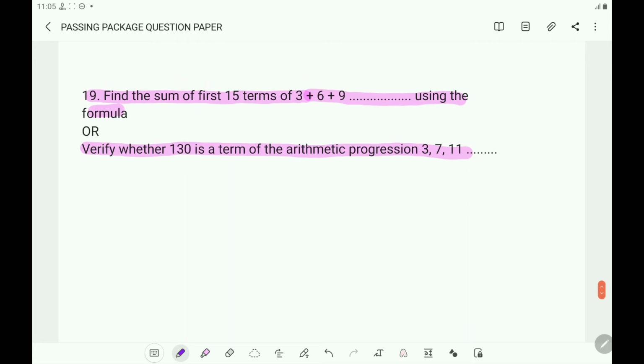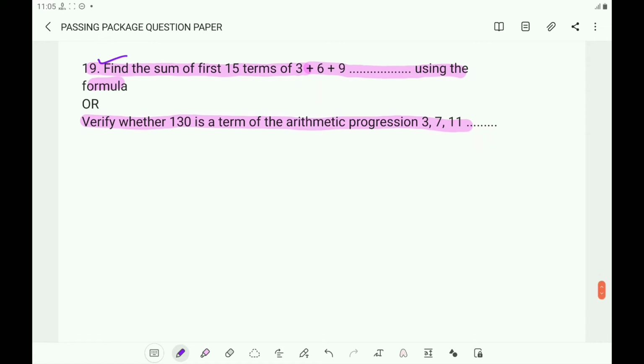So here let us solve the first one. Find the sum of first 15 terms of 3 plus 6 plus 9. So write the series first: 3 plus 6 plus 9 and so on. Here you have to find the sum of 15 terms. You must know the formula.